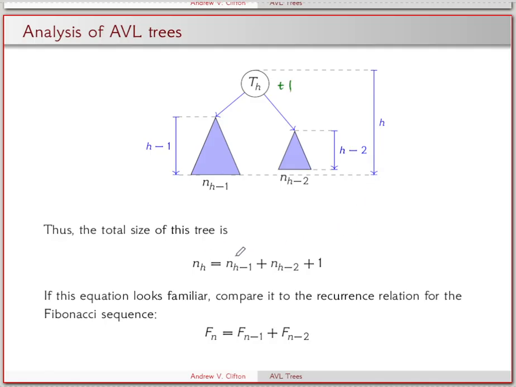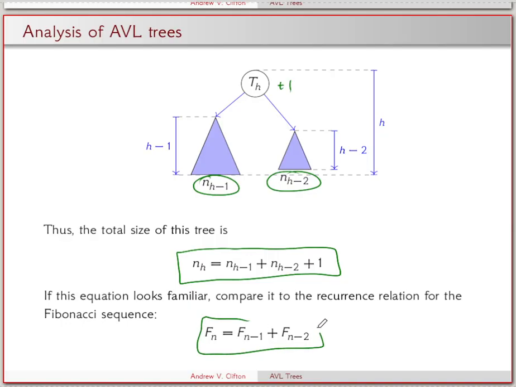So the number of nodes in the tree is n sub h-1 in that subtree, n sub h-2 in that subtree, and the total number of nodes is n_{h-1} plus n_{h-2} plus 1. If that looks familiar, it should, because it's similar to the Fibonacci recurrence. All it's missing is the +1 that we have over here.